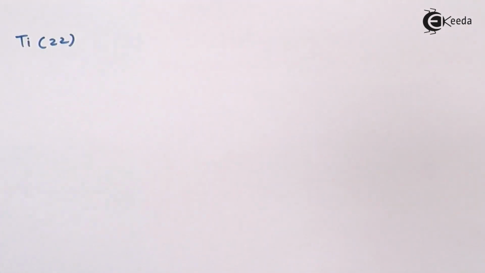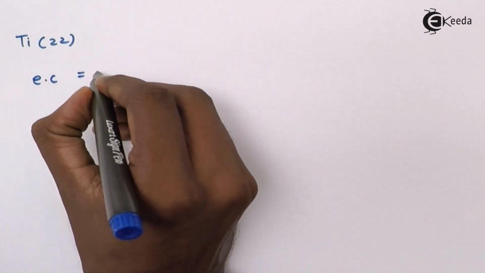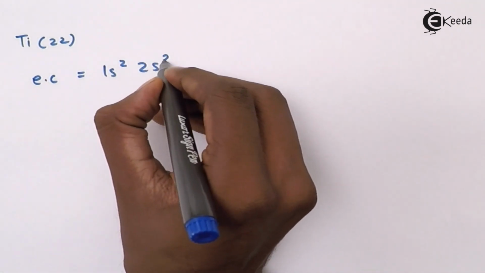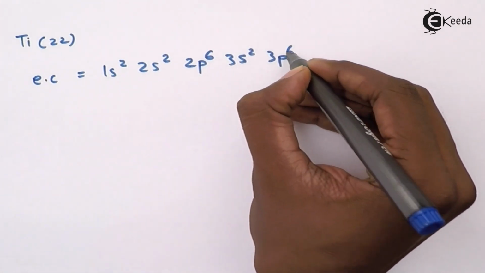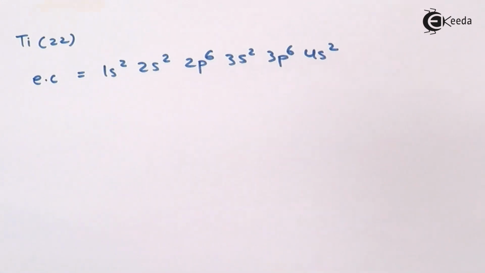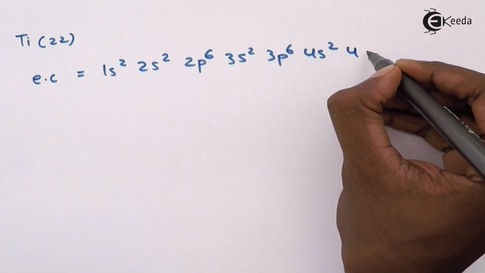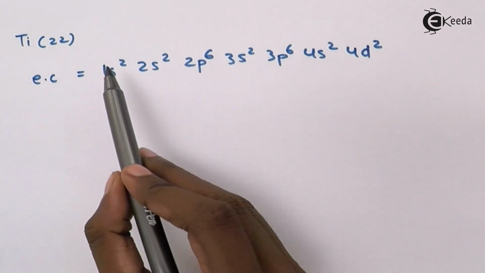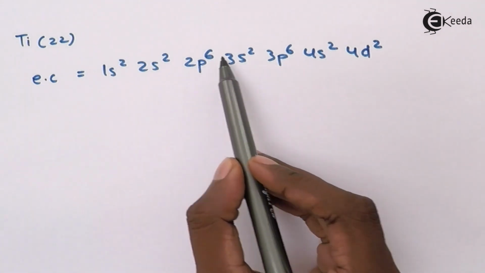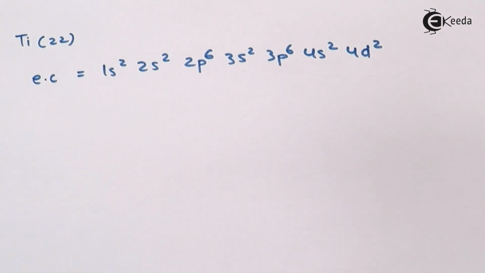This 22 means the atomic number of titanium. I can write its electronic configuration as 1s2, 2s2, 2p6, 3s2, 3p6, then 4s2, because we are following the Aufbau principle, and after 4s2 we fill 4d2. The total number of electrons is 22: 2 plus 2 plus 6 is 10, again 2 plus 6 plus 2 is 10, making 20, plus 2 makes 22.